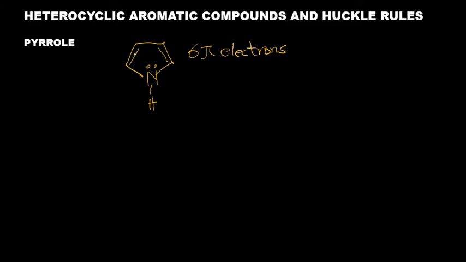Okay, so you may say that we have only 2 pi bonds here. How can we have 6 pi electrons? Just like I mentioned, this lone pair is part of the aromatic sextet, in that this nitrogen is sp2 hybridized. If it is sp2 hybridized, then it means that we have the lone pair in the p orbital.